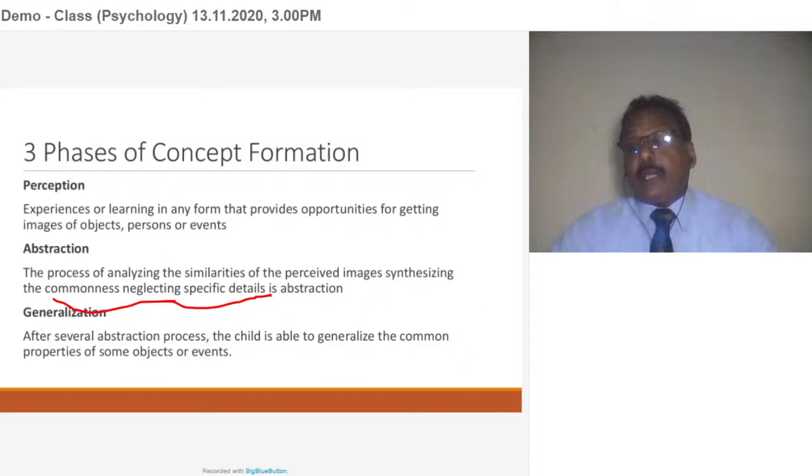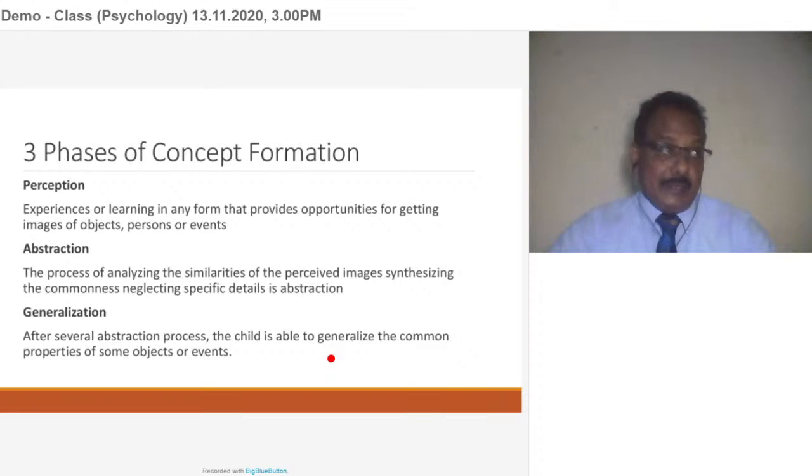And the final one is generalization. In generalization, after several abstraction processes, the child or the person comes across a lot of abstractions again and again. Then the child is able to generalize the common properties of some objects and events.